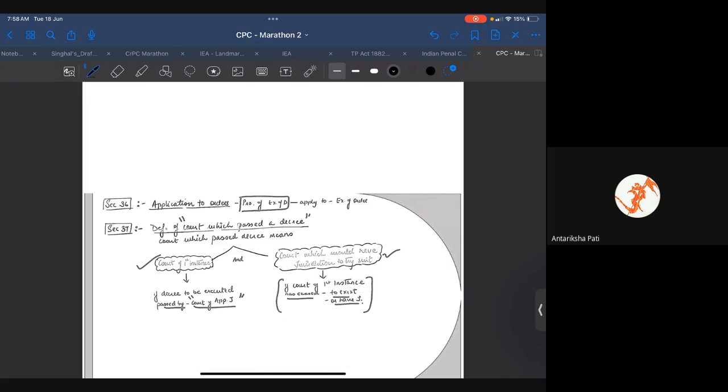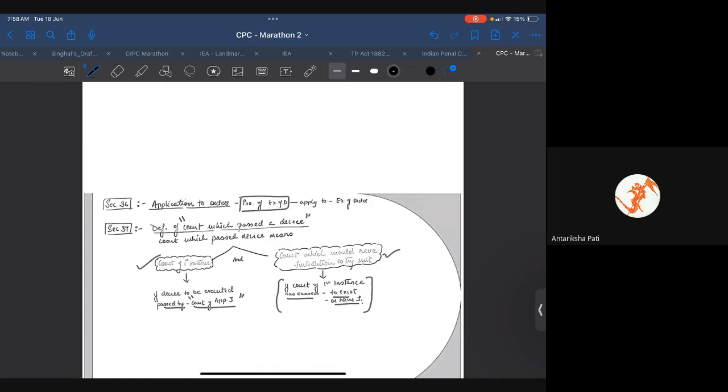Now section 37, the court which passed a decree. How will you know which court passed a decree? It means either the court of first instance, if the decree to be executed was passed by a court of appellate jurisdiction, and the court which would have had jurisdiction to try the suit if the court of first instance has ceased to have jurisdiction.